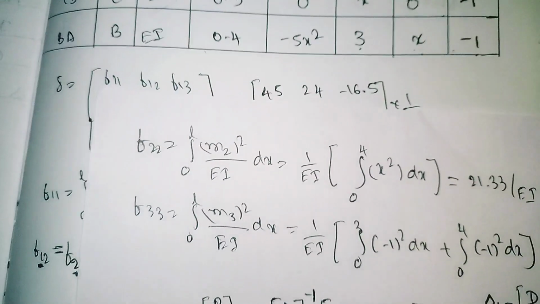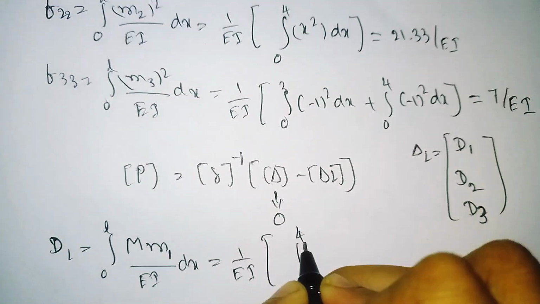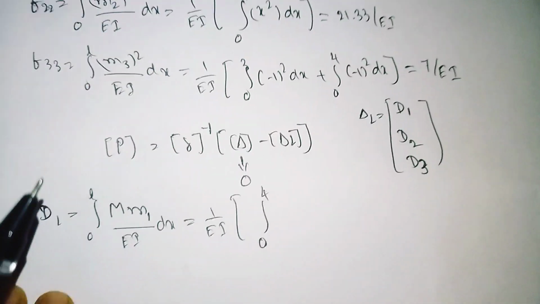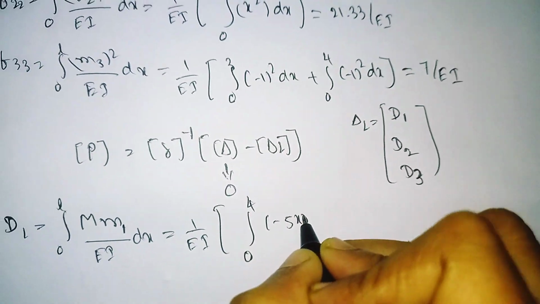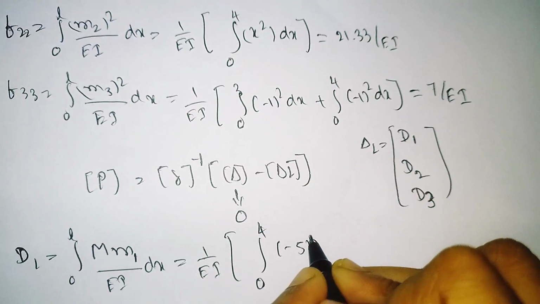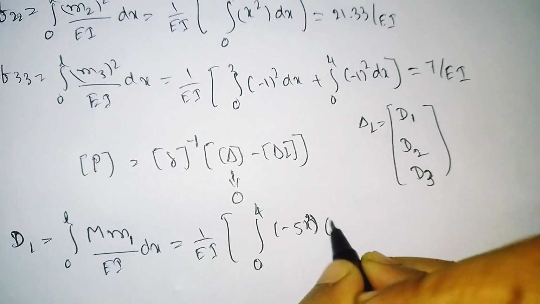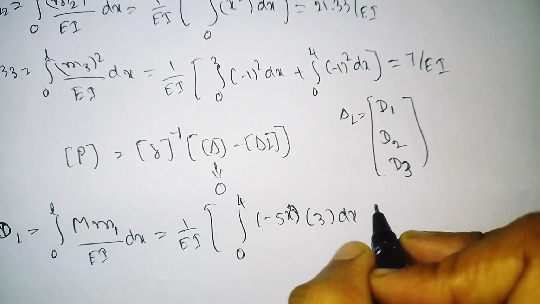Limit is 0 to 4, so minus 5x square into 3. So M is minus 5x square, into 3 dx.